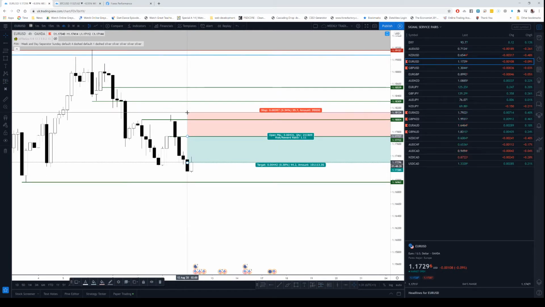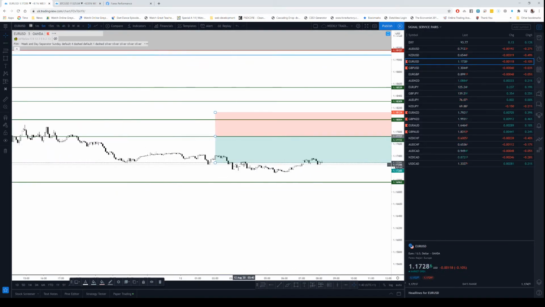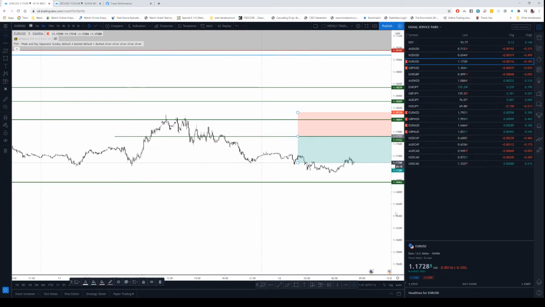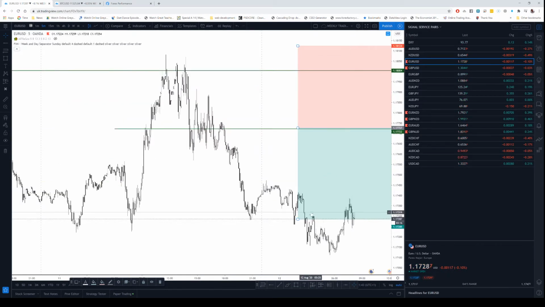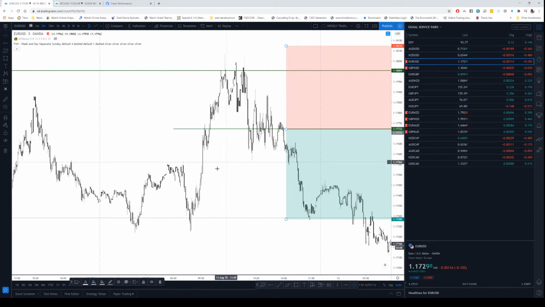Okay, with a stop. And I'm going to show you something that happened yesterday as I was doing some scalping on this one, and maybe you take note of it and use it, because it's going to help you.